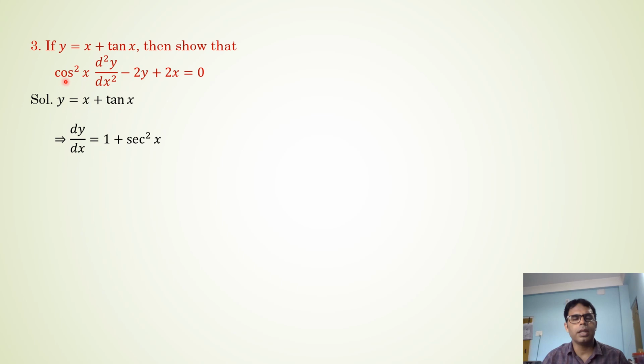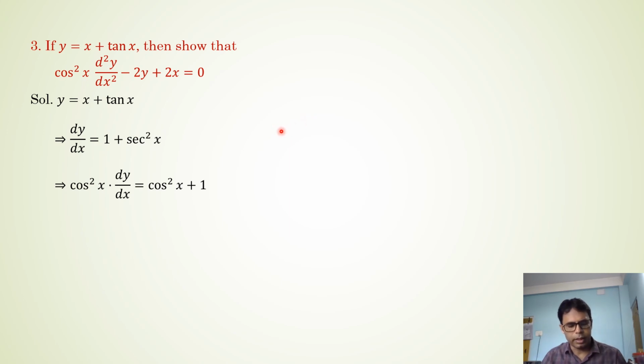Now in the solution part, you are to prove this part, and here the cos square term is present, but in the line obtained here there is no term involving cos square. But you can replace this sec square x in terms of cos, so that means it is 1 by cos square x. So you should write that line.